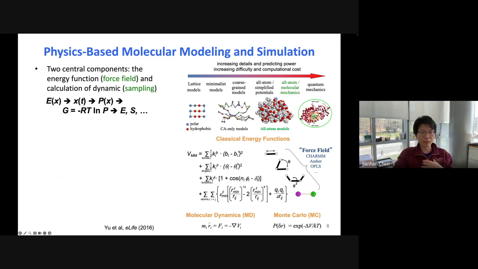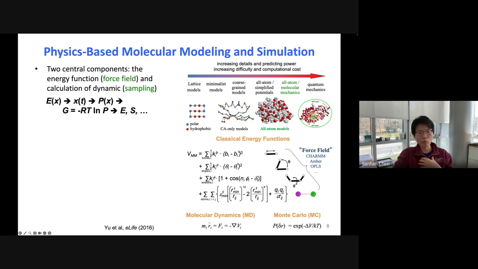Oftentimes this is how information is generated from molecular dynamics simulation. I often use this really simple flow in my class when I teach molecular dynamics. You start off with this energy function, where X is the coordinates of all the particles in your system. Given the energy function, you can do molecular dynamics and generate a trajectory of your conformation as a function of time.